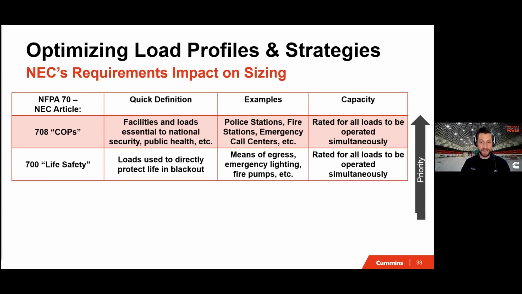When it comes to the capacity of these loads, and more directly in the context of what I just covered regarding load sequencing, we need to assume that these loads must be served simultaneously at all times. So when it comes to certain loads, such as, I'll just pick on the fire pump, for example, we cannot use the strategies we just highlighted on the prior slide due to its importance.